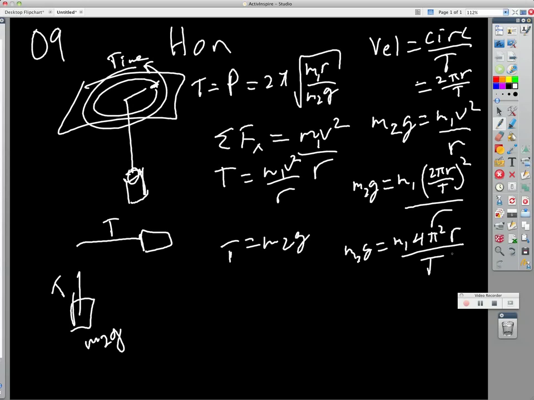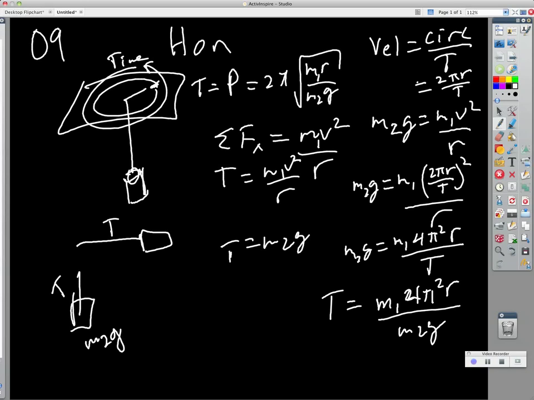Yeah, so T squared is equal to m1 4 pi squared r over m2g. Oh, you forgot to square the T. Oh, genius. Look at that. Okay, thank you very much. I'm like, crap, I hate it when stuff doesn't work out. Oh, I did, I took out the r on the bottom.